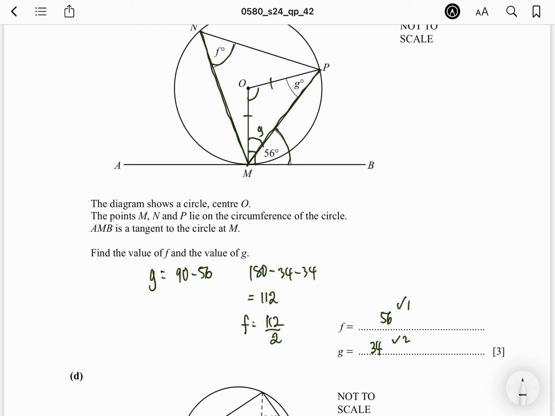Tapi teacher I don't use this for you because initially when we did this one, your spatial awareness was not that strong, so I kind of eliminate this property. But even if we eliminate this property pun, you can still use the other properties that are constantly being used. Angle center equals to angle circumference, tangent bertemu radius at 90 degrees, and then angles in isosceles triangle. Okay, so that's 3 marks.